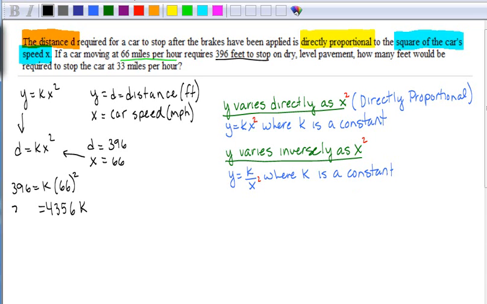If you want to see it by hand, I can do it over here in scratch: 66 times 66, yes, I know that's ugly, is 4356. Now dividing both sides by 4356, what would we get?